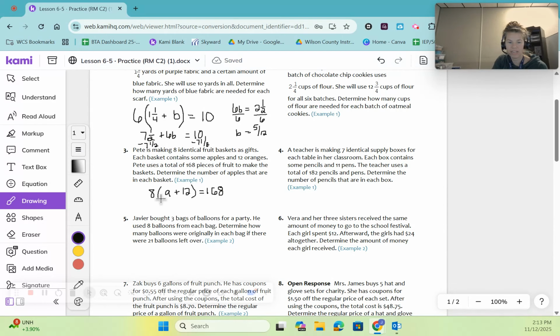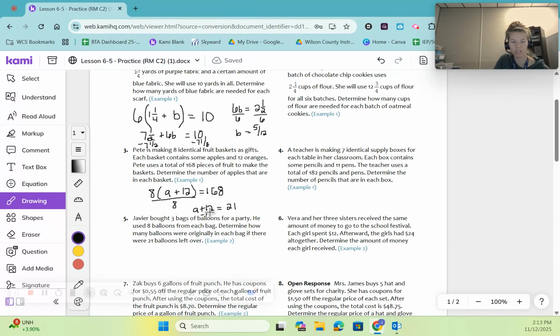All right, and then here we're going to solve. For this one, I'm going to divide by that number out in front. So 168 divided by 8 gives me 21. Now I'm left with a plus 12 equals 21.